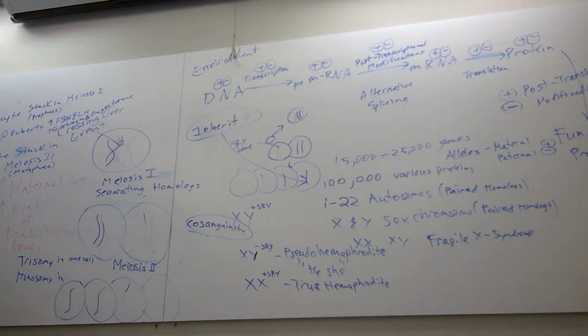So, Mendelian genetics, in a nutshell. You have autosomes, so there's either an autosomal dominant disease or condition, or an autosomal recessive one. Here's the thing.